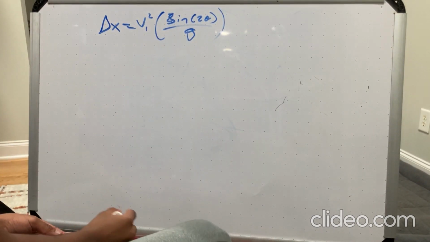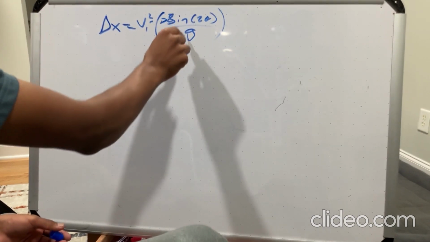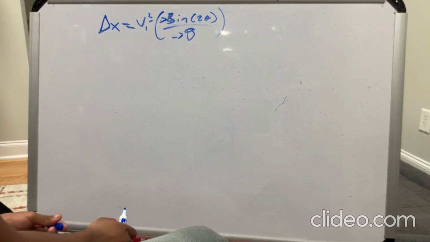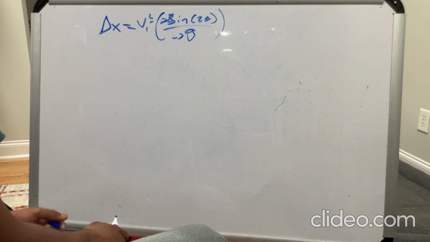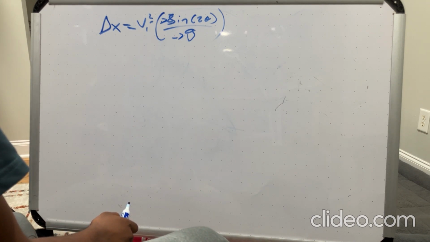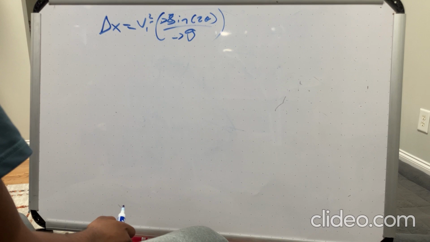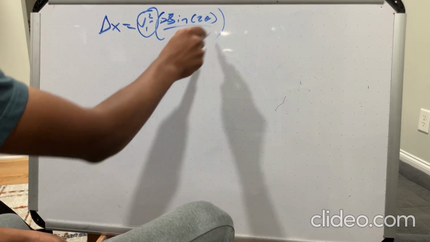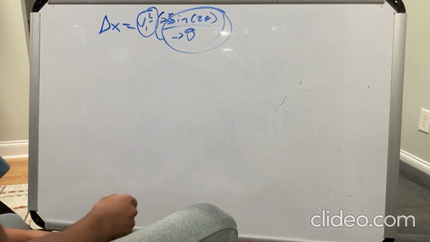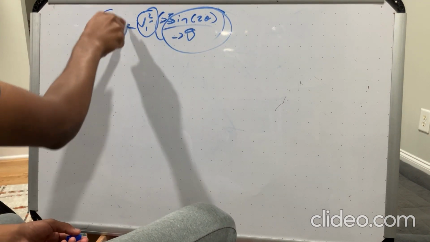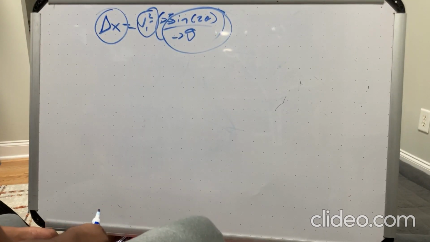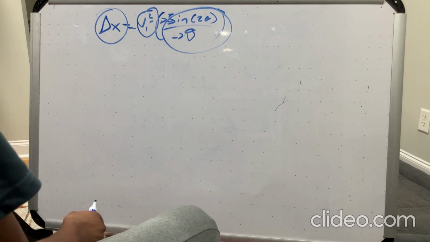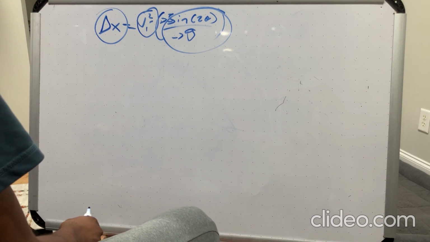So if you multiply it out, v naught will go over here, rise, g will go over here. No. Yeah, no. V naught would be the rise. This would be the slope. This would be the run. Okay, so let's see.